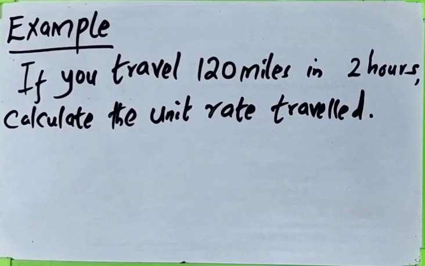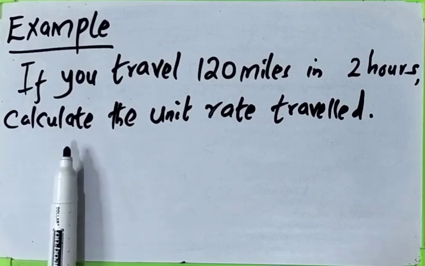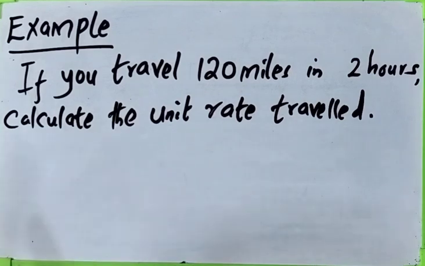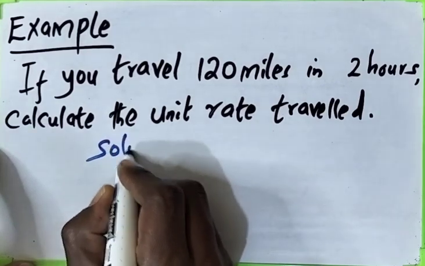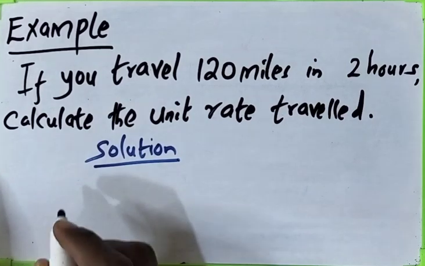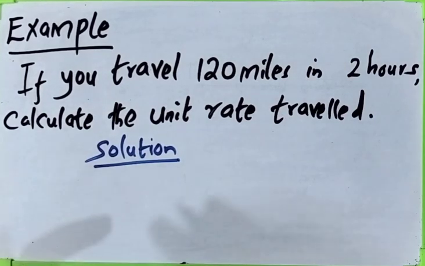Our example is a word problem, and it reads, if you travel 120 miles in 2 hours, calculate the unit rate traveled. Solution. We can look for a formula and probably set a proportion based on the information that you're given.